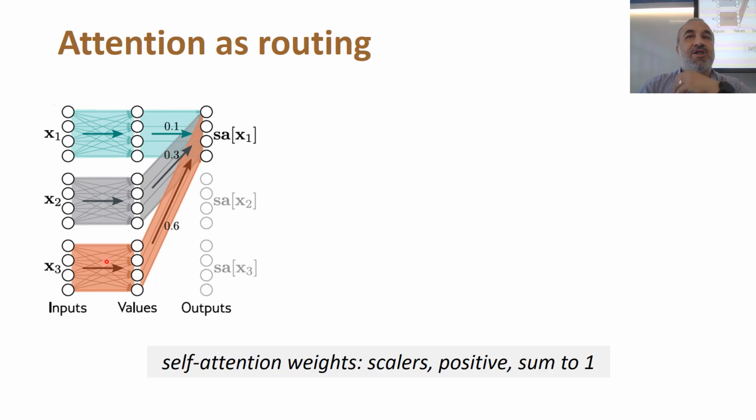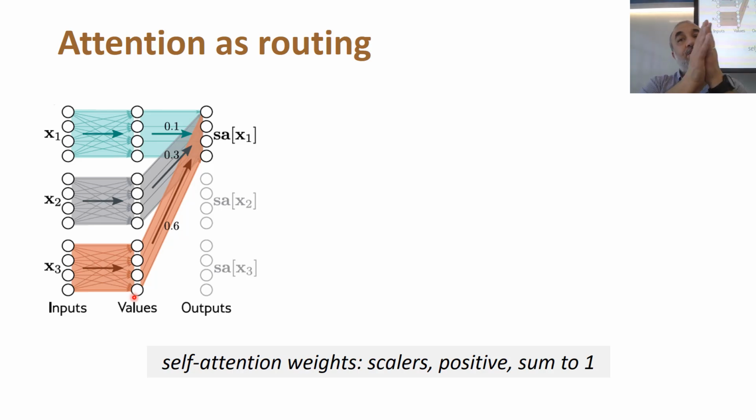These are not different connections. They are not different weights. They are exactly the same weights. Okay, and of course they are learned. So these are parameters. So we convert x1 to v1, x2 to v2, x3 to v3, but using the same weight matrix, the same bias vector. Okay, that's step one, getting from inputs to values.